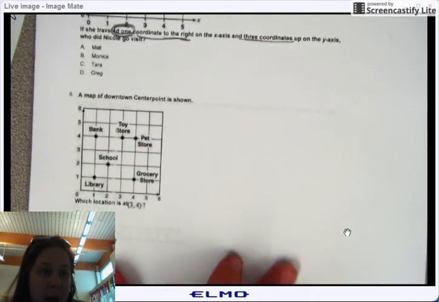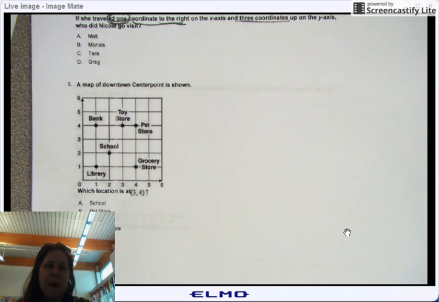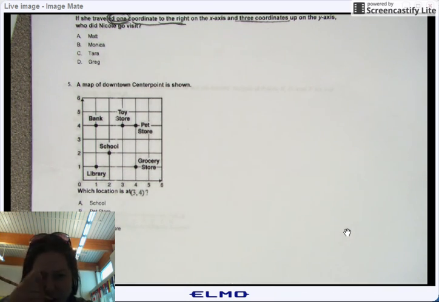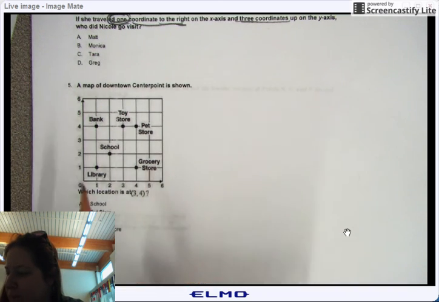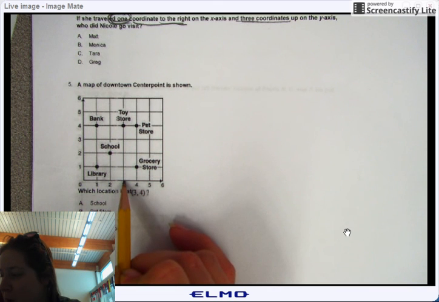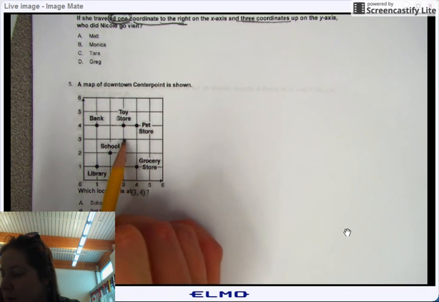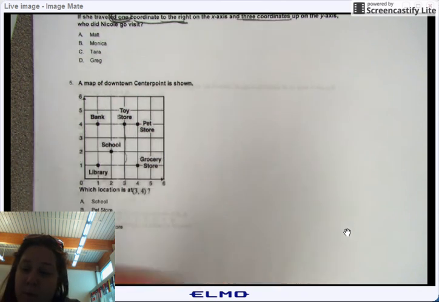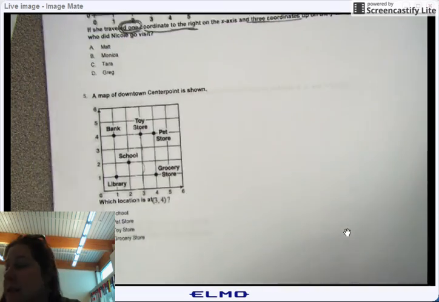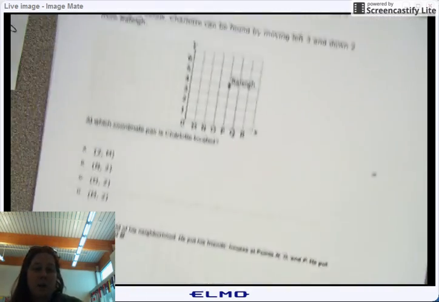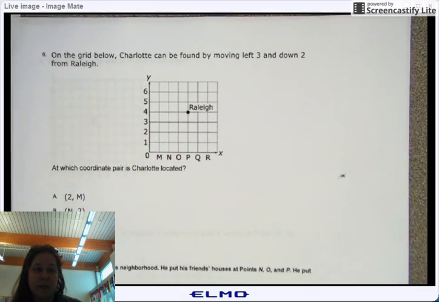Okay? Question number 5. The map of downtown Cedar Point is shown. Which location is at 3, 4? 1, 2, 3, go up 4. 1, 2, 3, 4. And the answer is the toy store. Remember, these are easy questions. Question number 6.